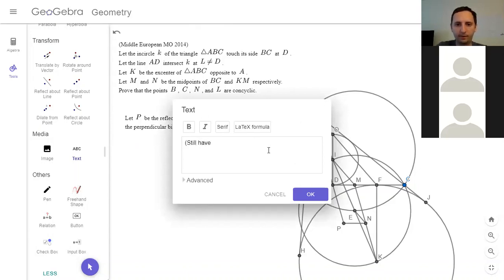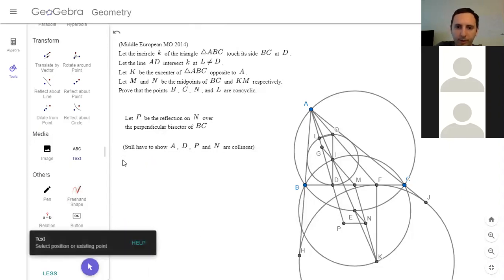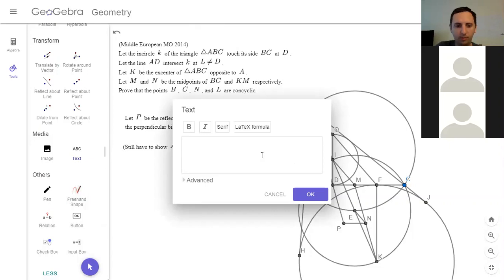I'll get to that after I type up some more stuff. A, D, P, and N are collinear. But we know that BCNP is a cyclic isosceles trapezoid.